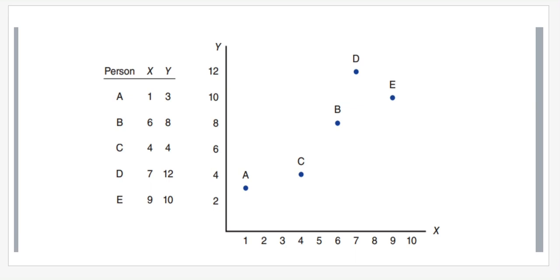So it corresponds with both variables to form one singular data point. You can follow that for B, C, D, and E to see how they got those points as well. That's how a scatter plot works, and that's how they get that visual representation. This is also figure 12.1 in your chapter, if you need to refer to that.